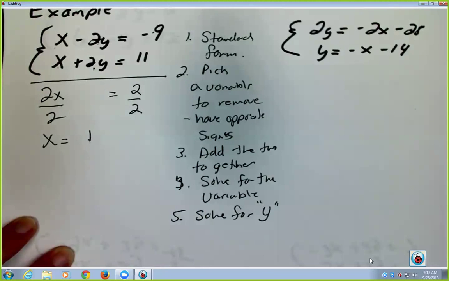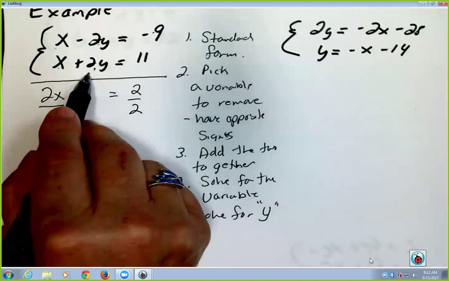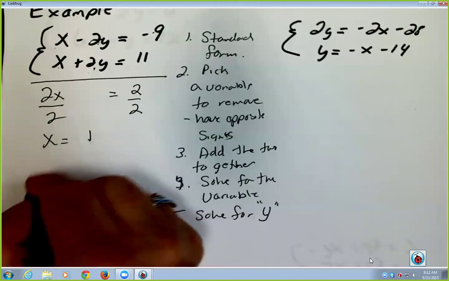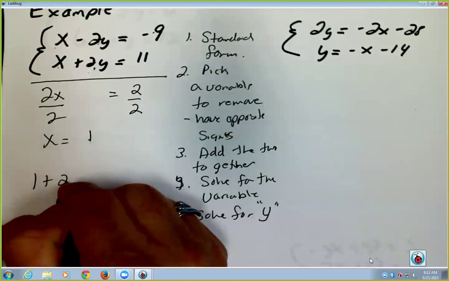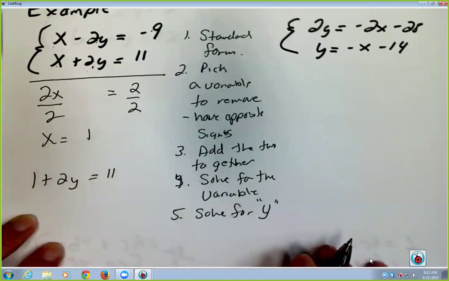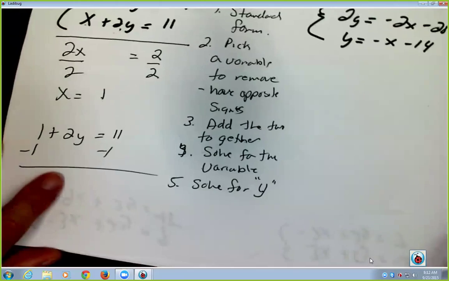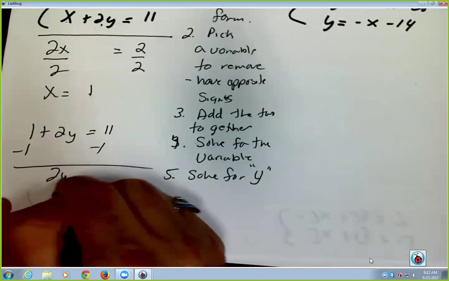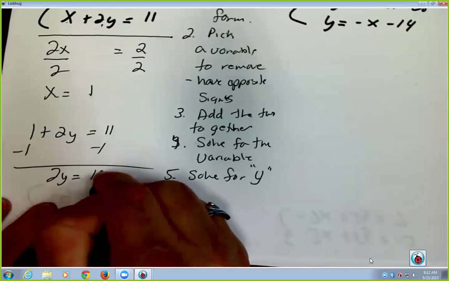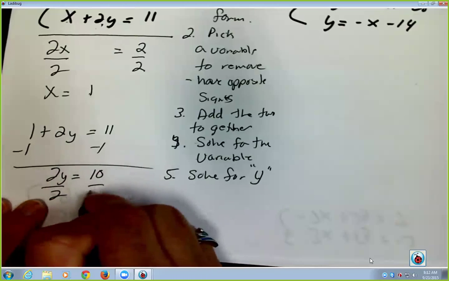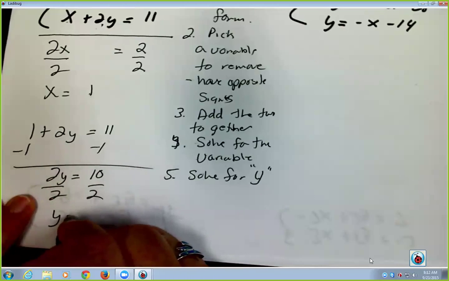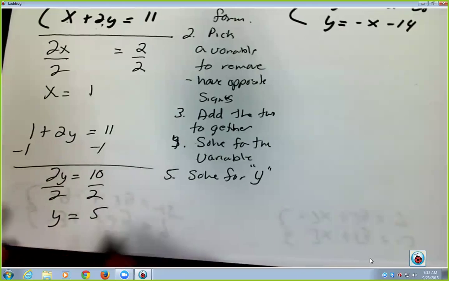Why do you want to pick the bottom one? The bottom one's going to be easier because I got all positives in here. So I'm going to pick the bottom one. So 1 plus 2y equals 11 minus 1. So I get 2y is equal to 10. Divide by 2. And I find y is equal to 5.